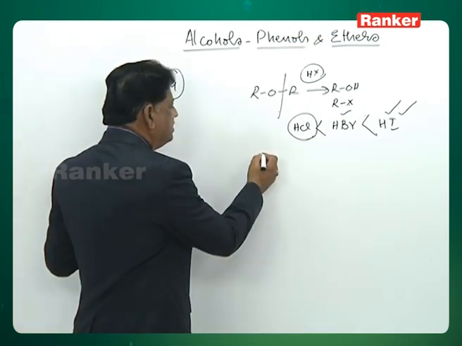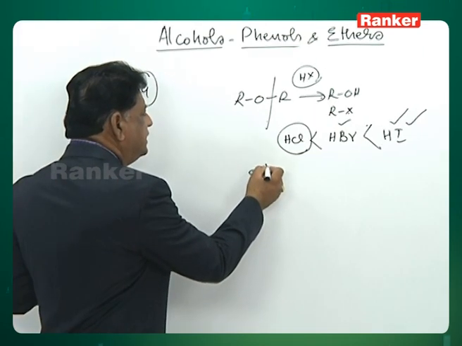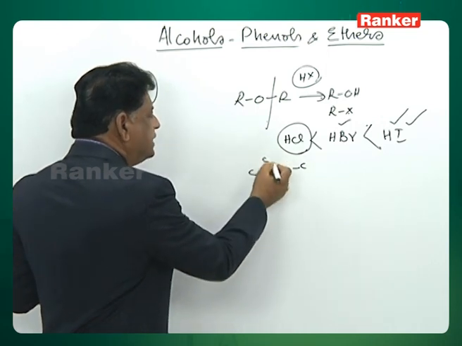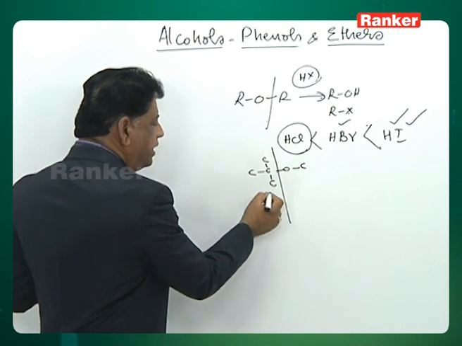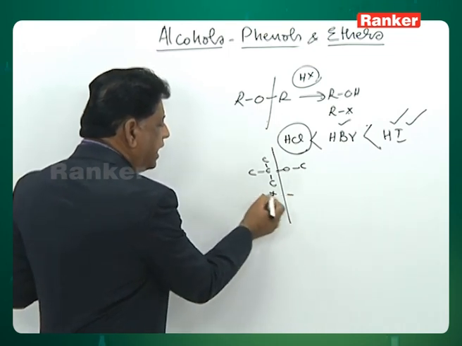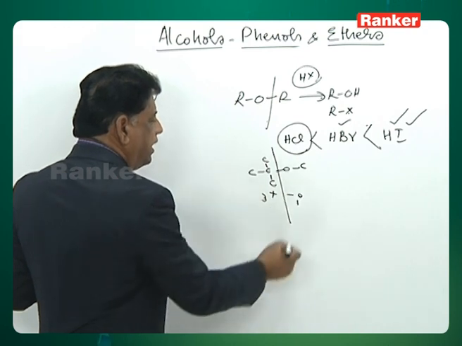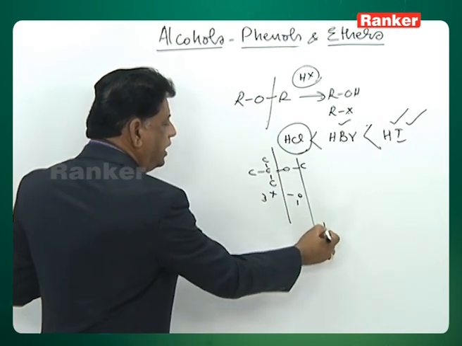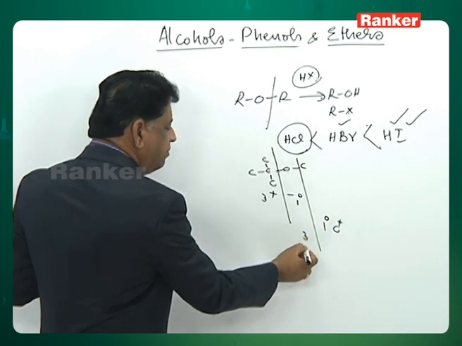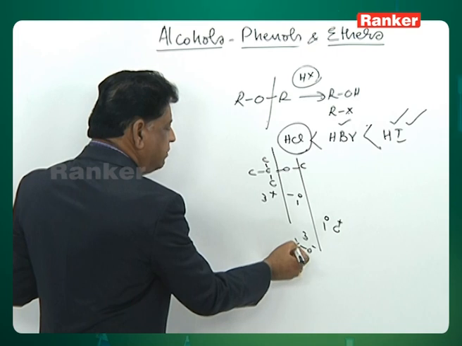But if one side is a tertiary one and one side is a primary one, then which side should I break? If I break here, it will become plus and minus: a 3 degree carbocation and a 1 degree carbanion. If I break the other way, a 1 degree carbocation and a 3 degree alkoxide formation, which is much destabilized.